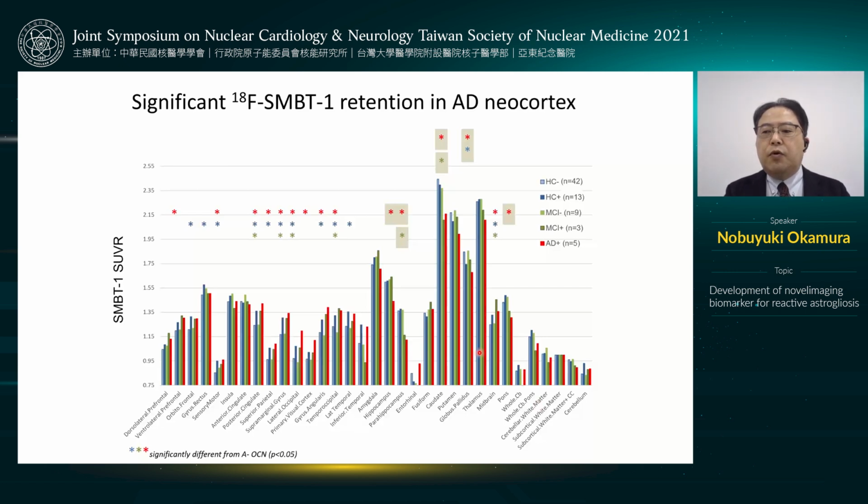And the most important finding in this slide is a comparison of amyloid negative controls and amyloid positive preclinical AD cases. Amyloid positive controls showed significantly greater tracer retention in the neocortical areas than the amyloid negative controls.